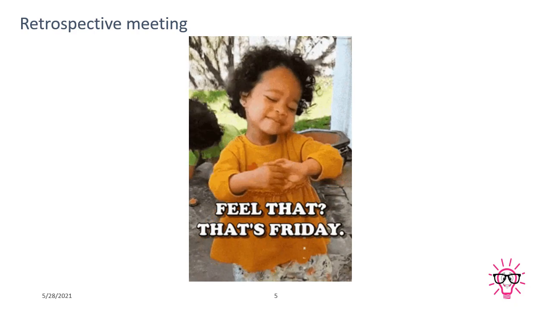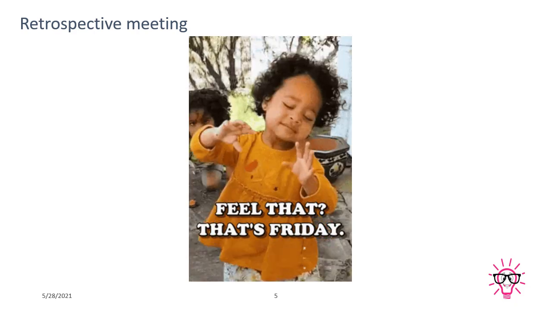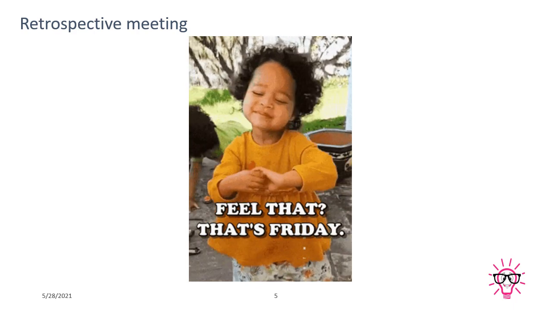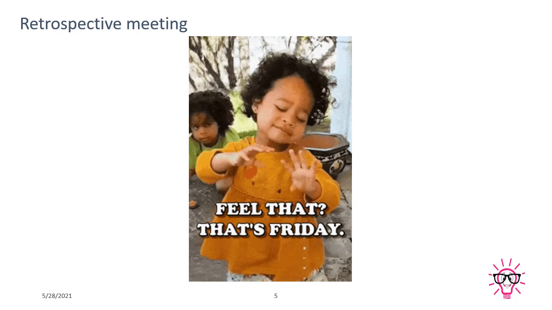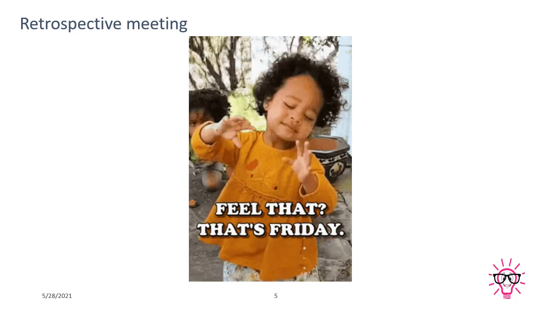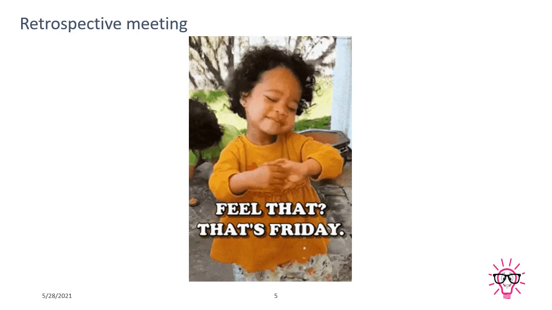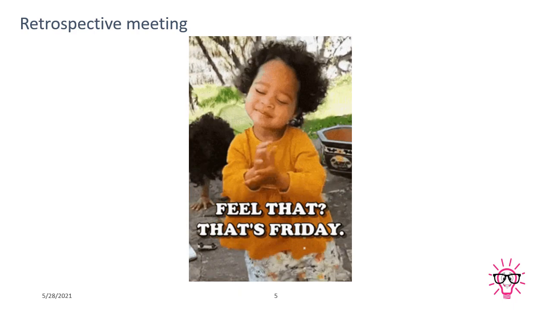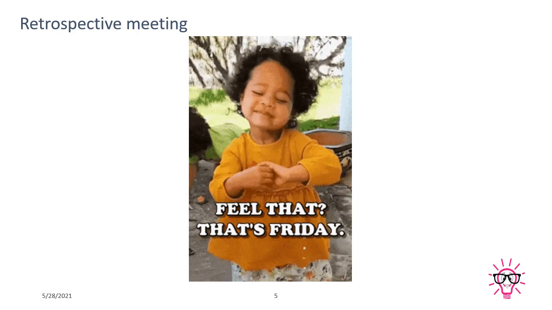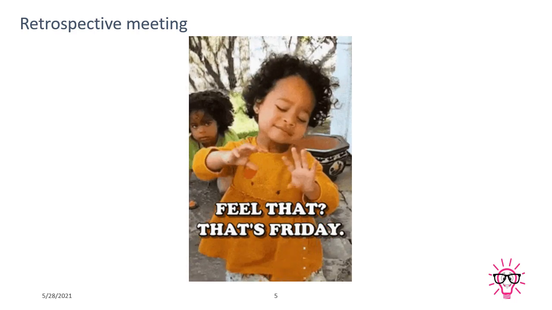Next is retrospective meetings. This is my favorite picture, guys. How many of you feel like this when you go for any meeting or any ceremonies? I'm sure very few are feeling like this. Like this small kid who is feeling very happy right now because something good has happened.